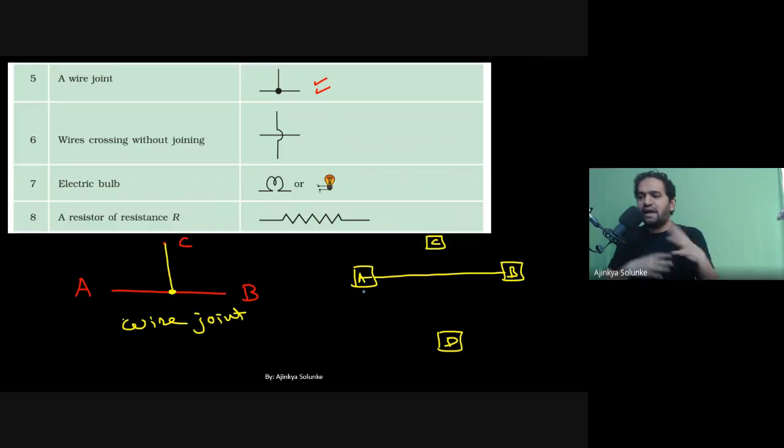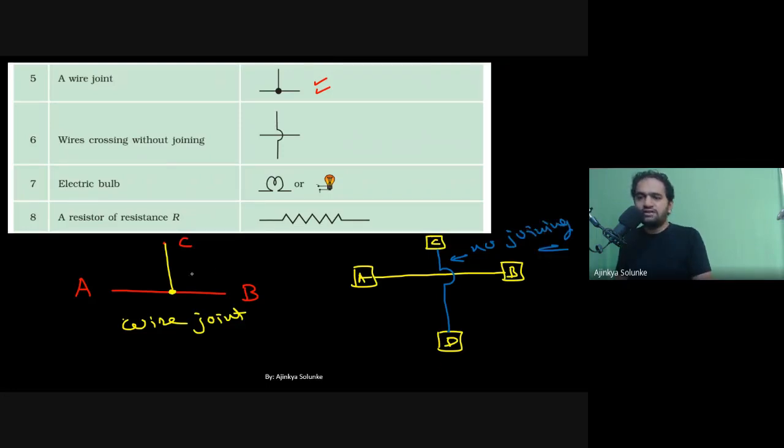It might happen that I have drawn a diagram in such a way that they are opposite to each other, but I don't want to connect C with AB. So I will take a wire here and create a curve, something like this. What is the meaning of this? It means that the wires are crossing without joining. There is no joining here.